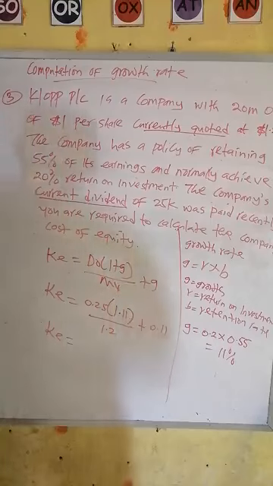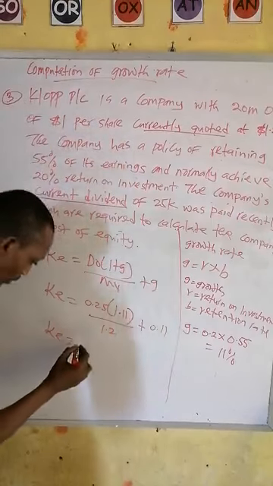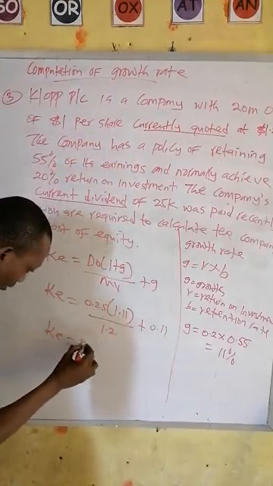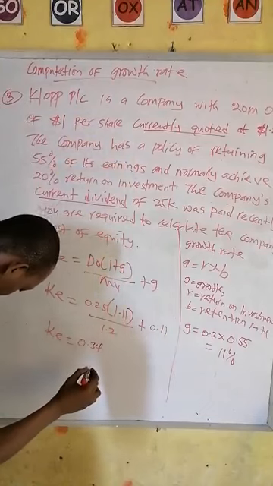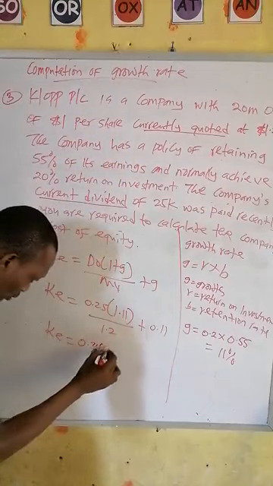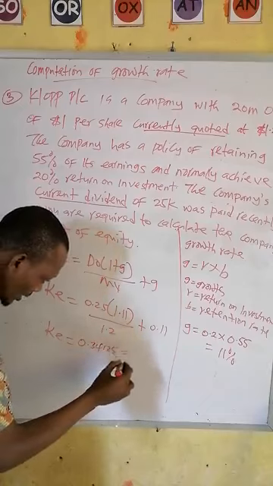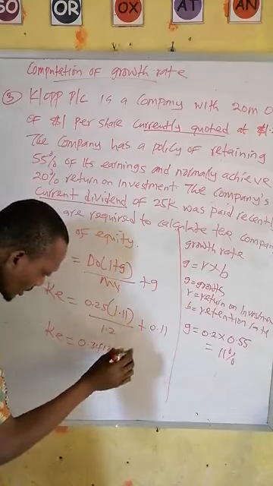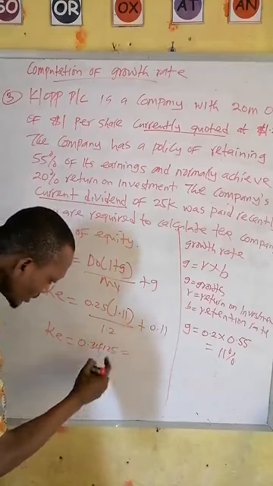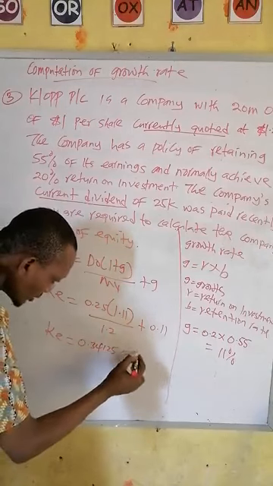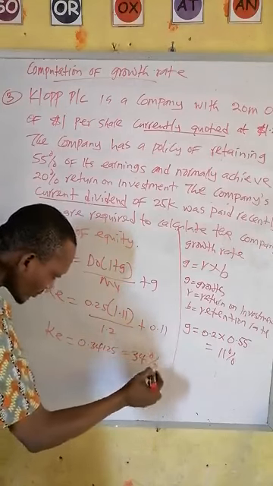So we have 0.34125. Approximately, we now have about 34%.